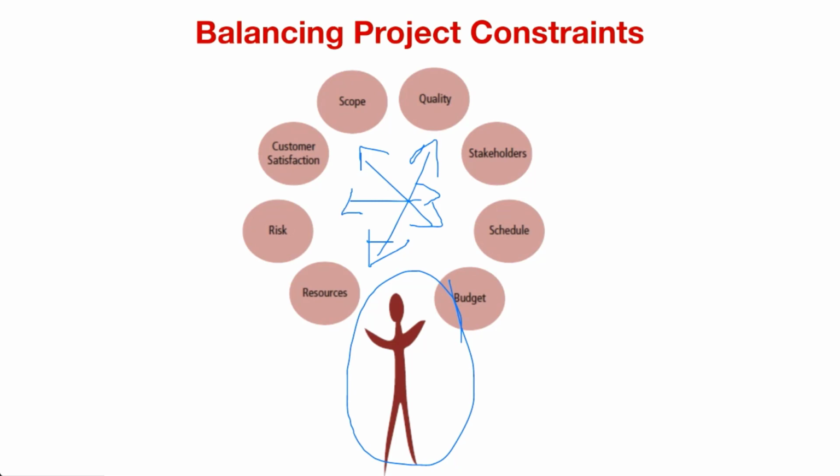So as an example, the advertising agency gets a project proposal from a client in order to deliver an advertising campaign for them, and they give them a certain quality standard that they have to adhere to, and they also give them a schedule and a budget.